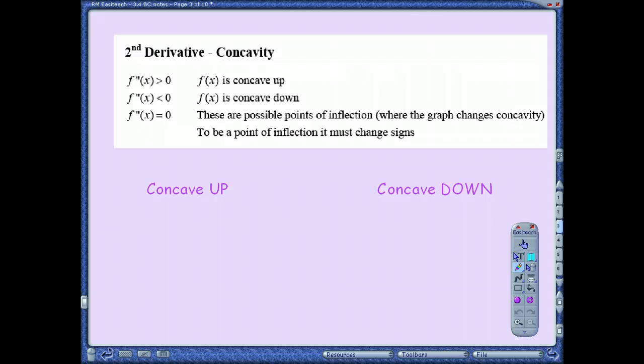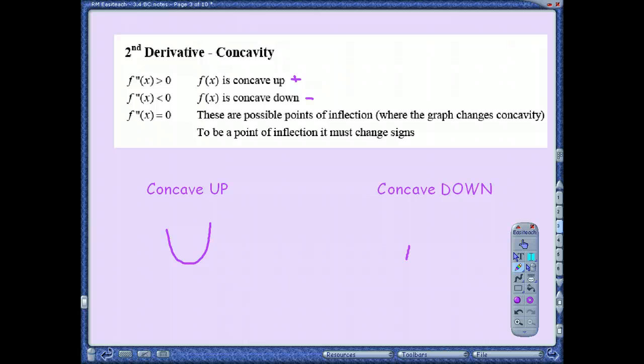So here we go, second derivative. Concave up, you're looking at where your second derivative is positive. Concave up, people are positive, makes sense. Concave up, looks like that. Second derivative, if it's negative, you're concave down. Think about down people, they are negative people.